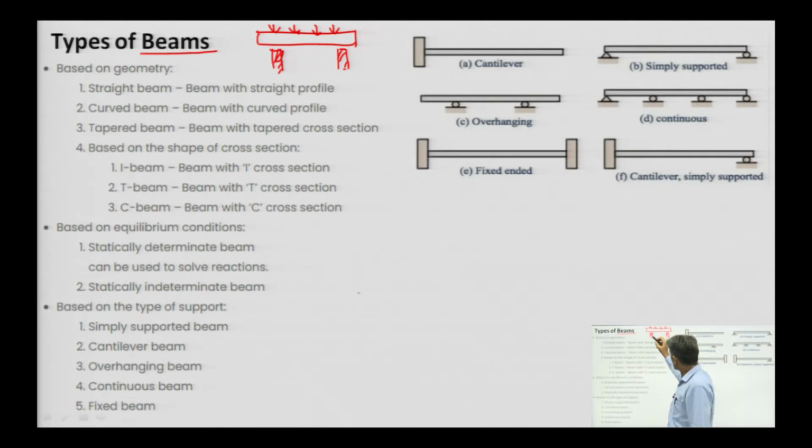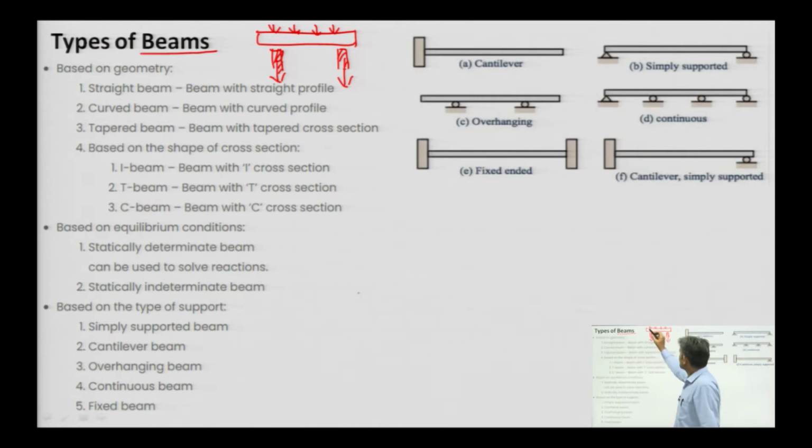And that load has to transfer through the column to the ground. The load coming on the beam is transferred to the column, and the column transfers this load to the foundation, and the foundation ultimately to the ground, right.